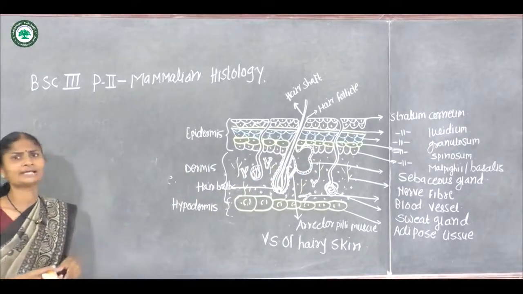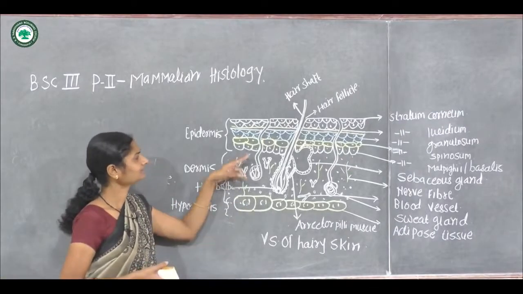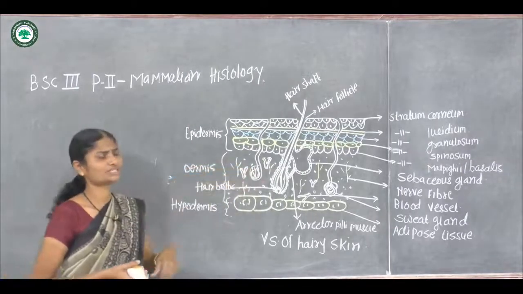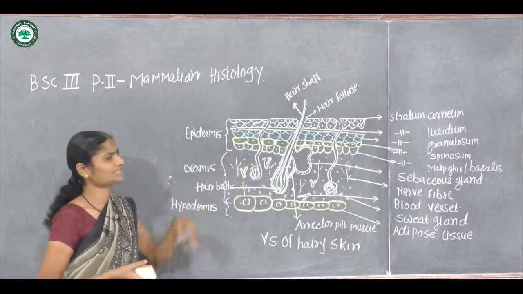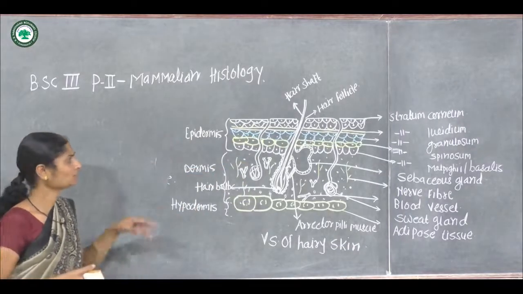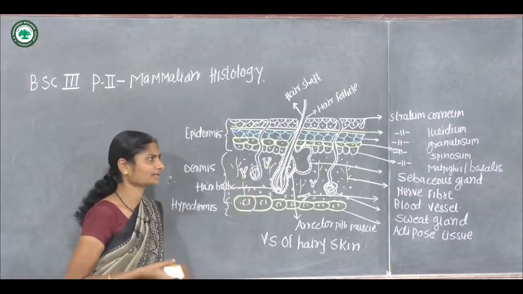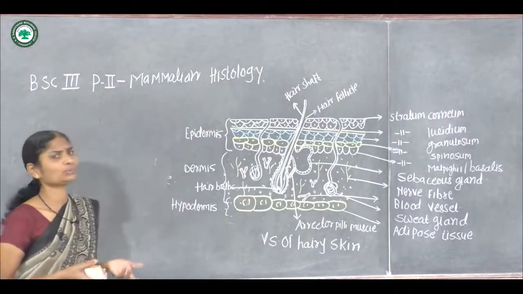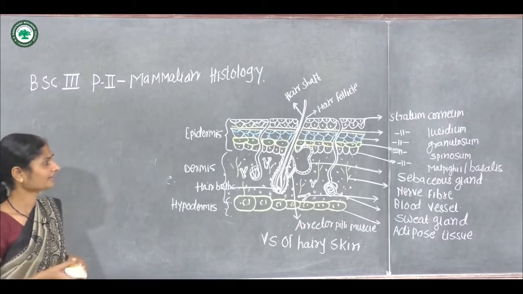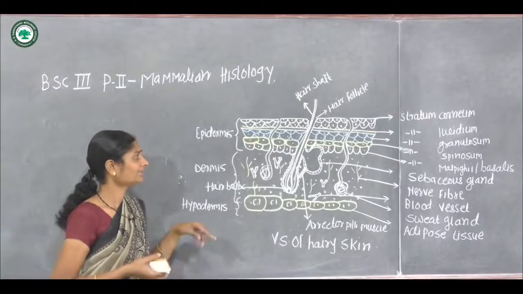Mainly columnar epithelial cells are present here, and they are mitotically divided and new cells are produced in this layer. It is a regenerative layer, also called the germinal layer.